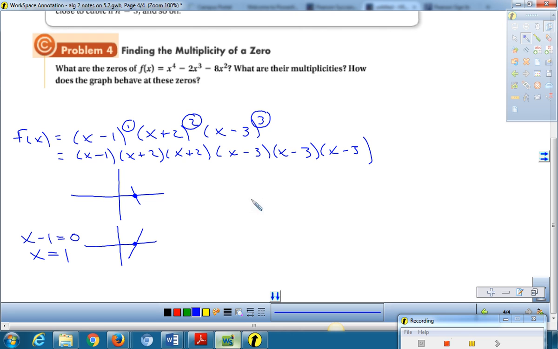All right? And then at x plus 2 equals 0, x equals negative 2, well, what does a function to the second look like? A parabola. So at x equals negative 2, at the x-axis, the function is going to look like a parabola. It's going to bounce off.